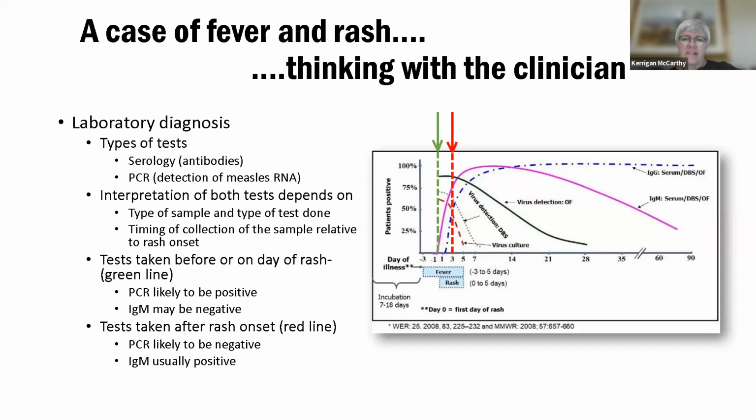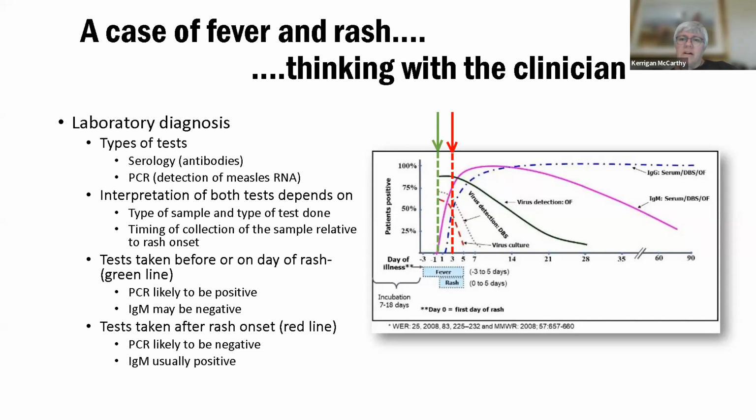So the figure on the right, on the x-axis, the horizontal axis, shows the number of days before or after the onset of rash. So the rash starts at day 0, and you can see the x-axis starts at -3, -1, and then goes 1, 3, 5, 7, 14, etc. The vertical axis shows the percentage of patients that are positive for a particular test or a particular marker.